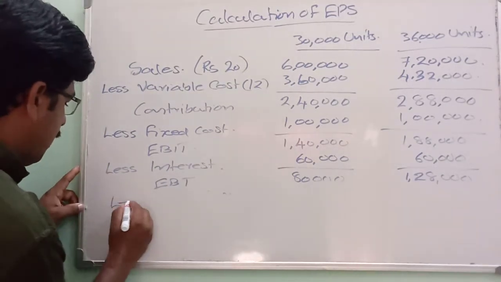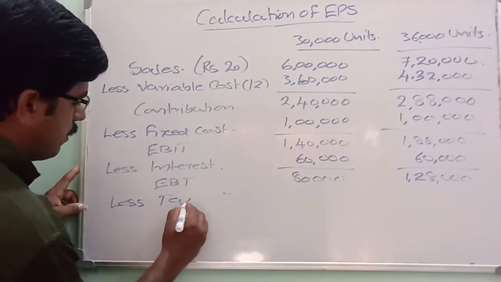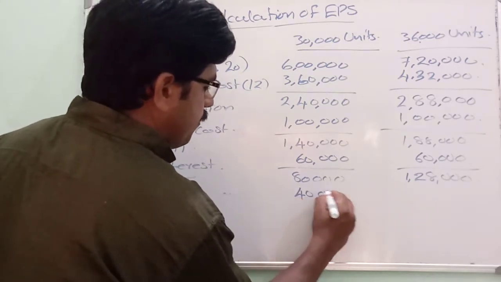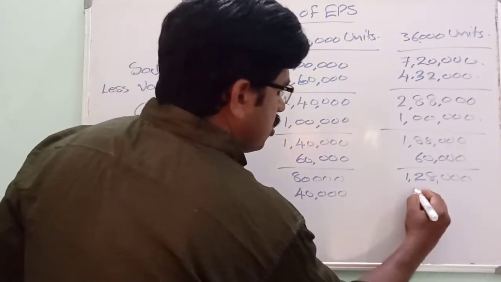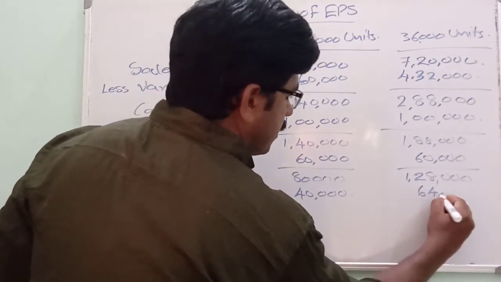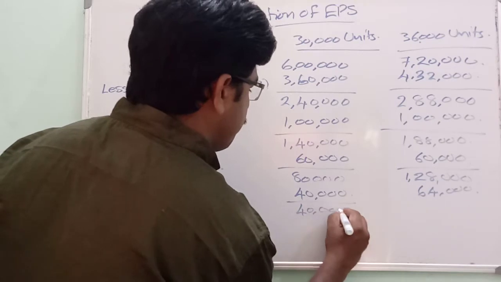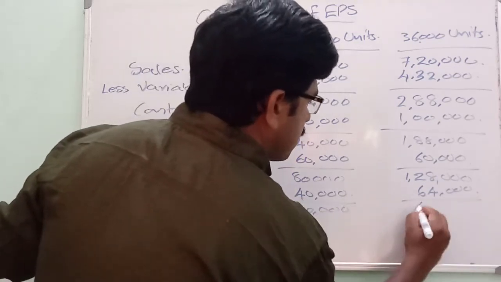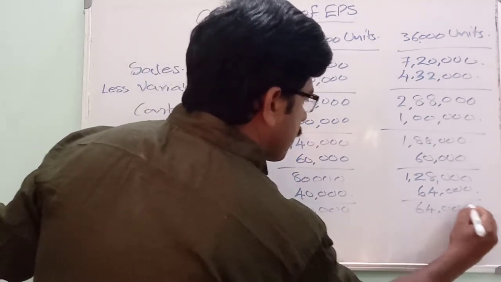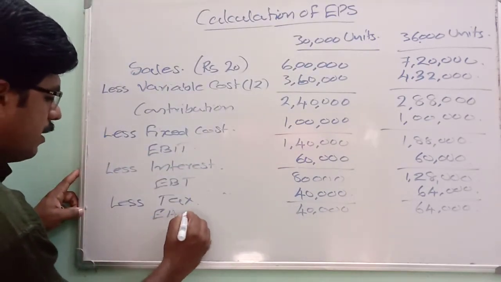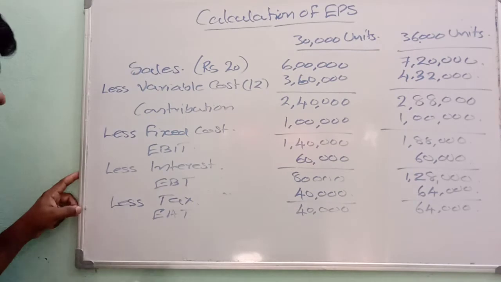Less tax, wait, tax is to be deducted. Tax is 50%, which is 40,000 here and 64,000 here. From this amount we get EAT, earnings after tax, that means earnings available to equity shareholders.